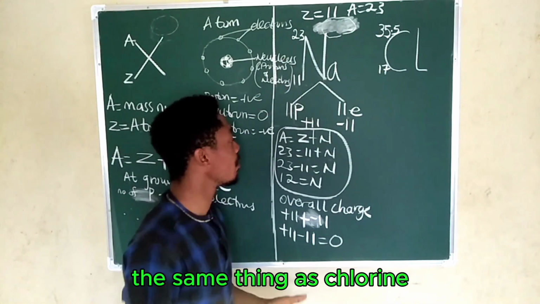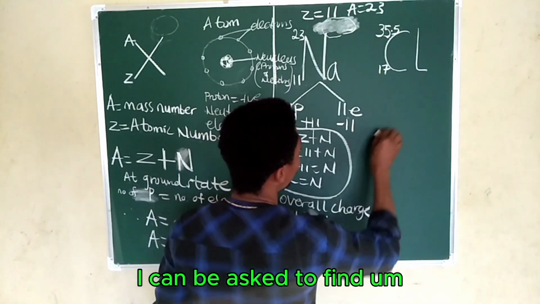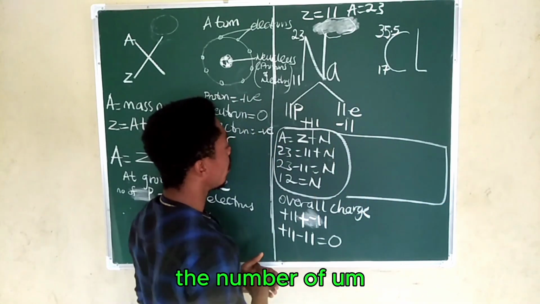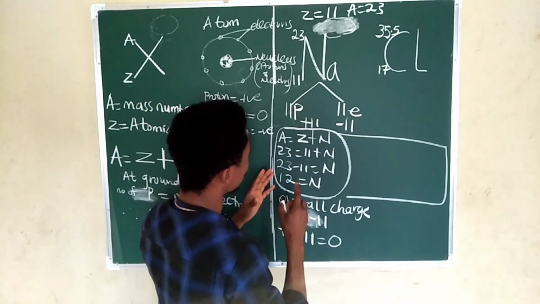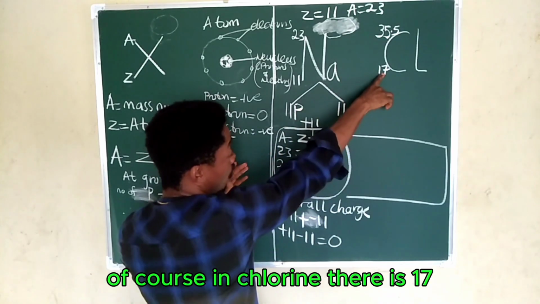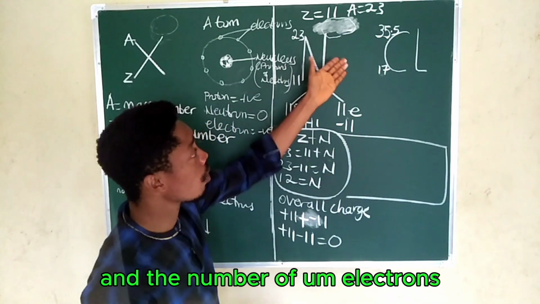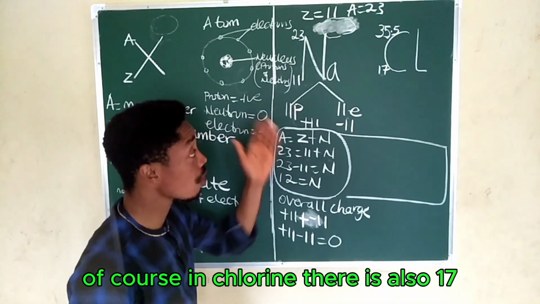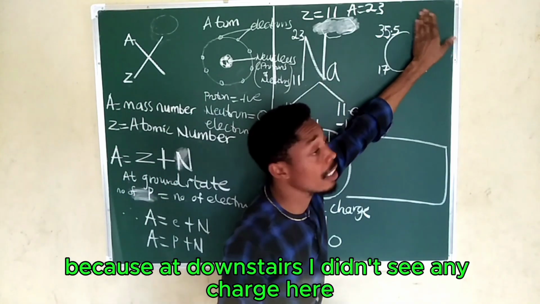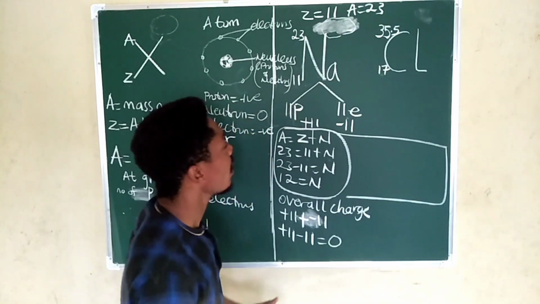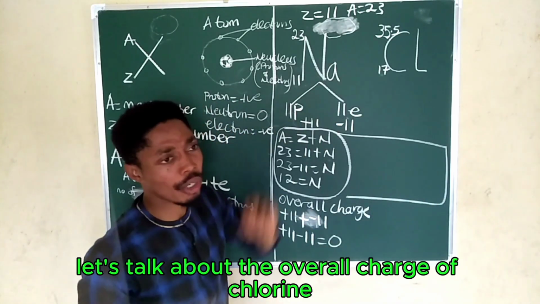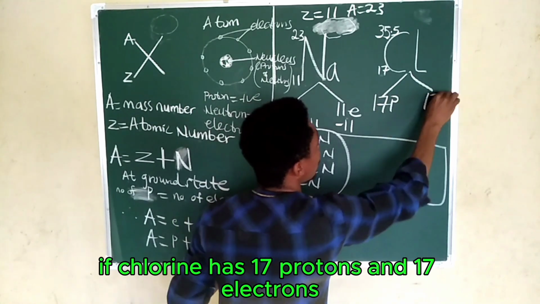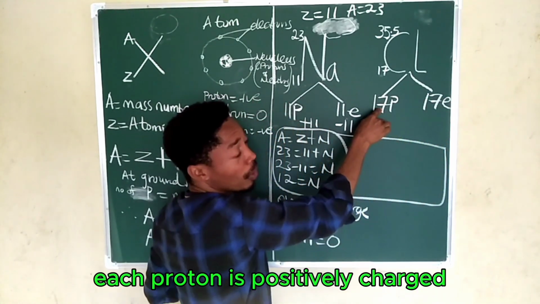The same thing as chlorine. I can be asked to find the number of protons. Of course, in chlorine there is 17, and the number of electrons, of course, in chlorine there is also 17 because it's at ground state. I didn't see any charge here. Let's talk about the overall charge of chlorine. If chlorine has 17 protons and 17 electrons, each proton is positively charged.